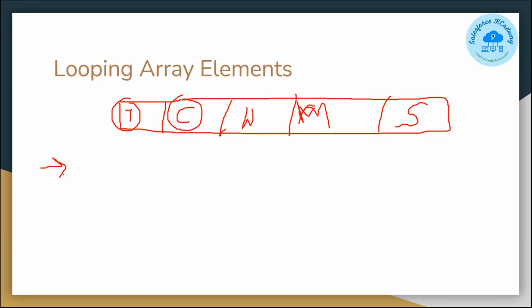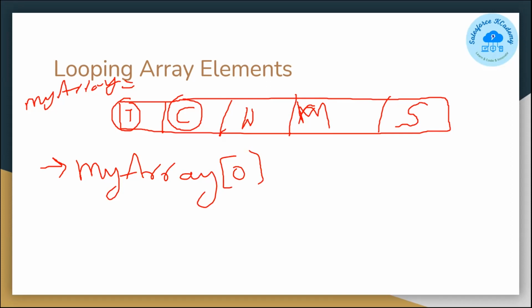This is very important. Suppose the array name is my array. If I want to print my array of 0, what will it print? Tea.